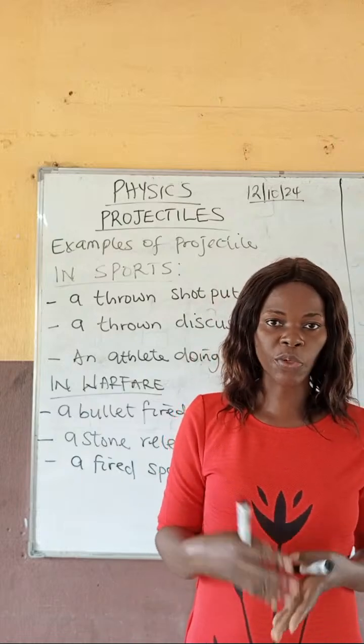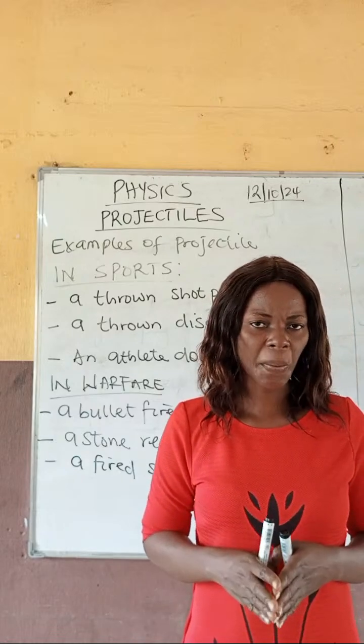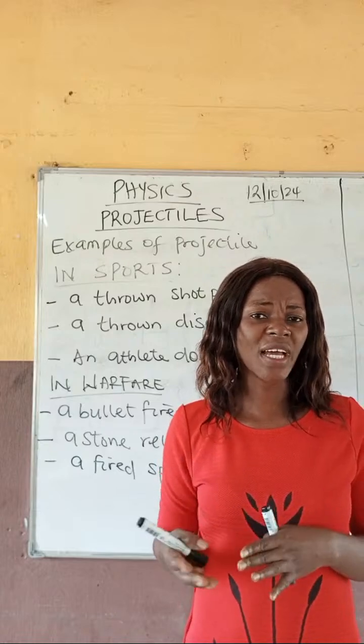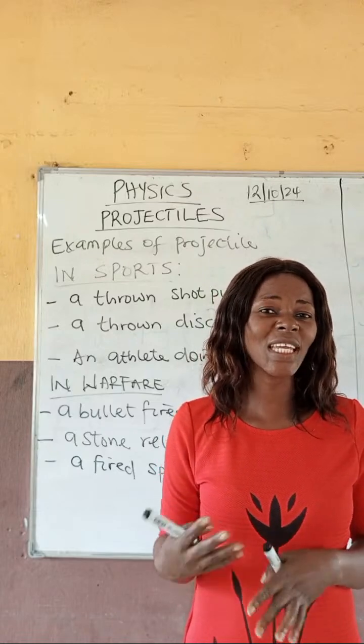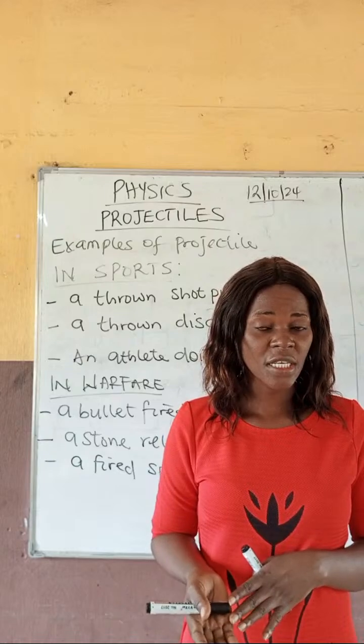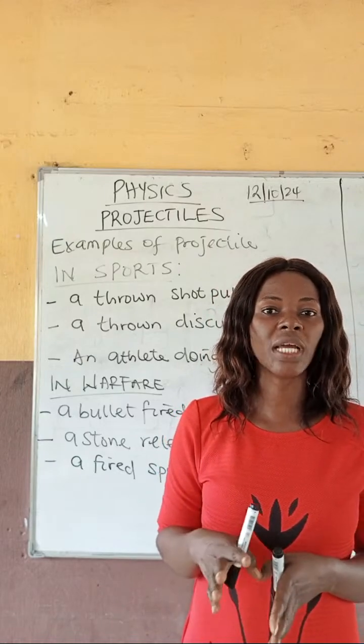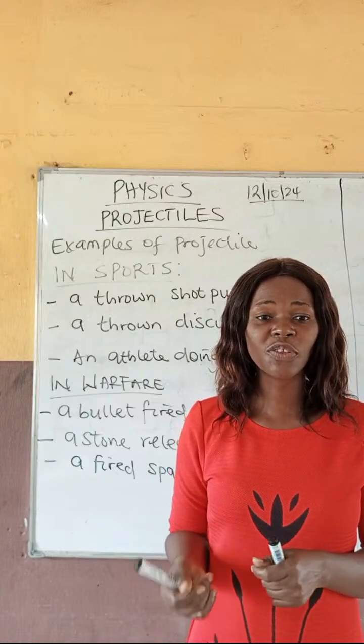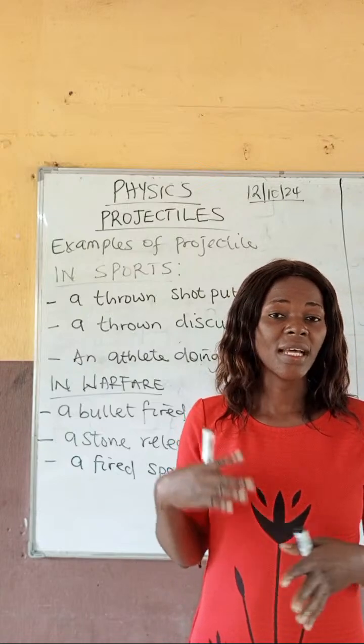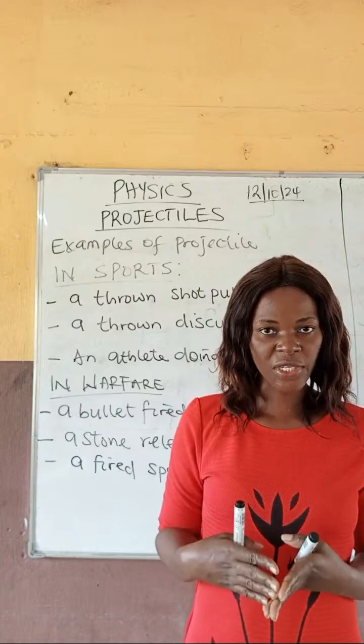It becomes a projectile. So don't mix it up. And this object, when it is being fired, it moves freely on its own under the influence of what? Gravity. So I'm going to make an illustration of the path or the motion of a projectile so that we can see the relationship between this and the movement made by this projectile.